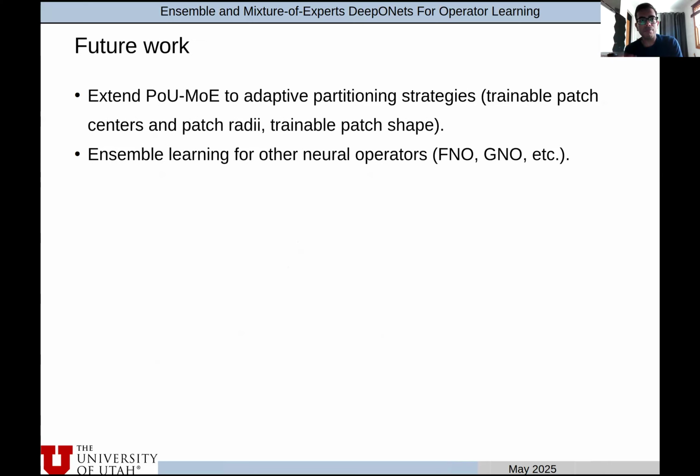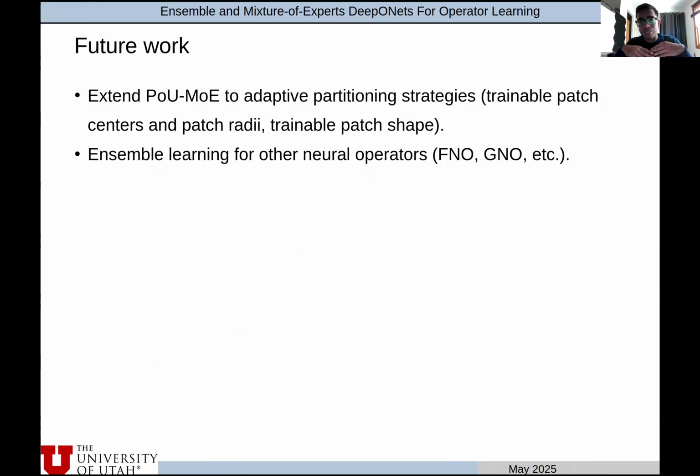And in the future, one of the things that we are working on right now in another project is expanding the way we partition the spatial domain to not have just static domains and spherical domains all throughout training, but allow it to deform or change shape as it goes. Because in many problems, spherical patches are not the most useful ones.